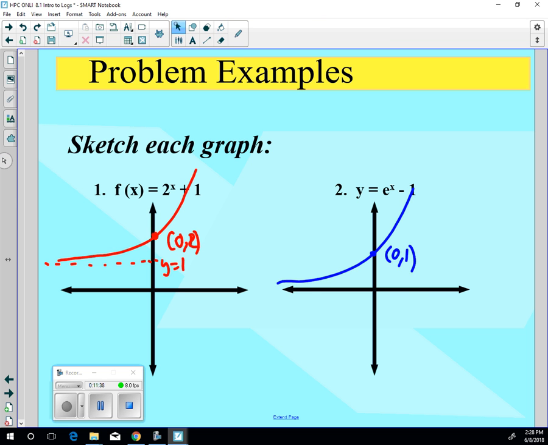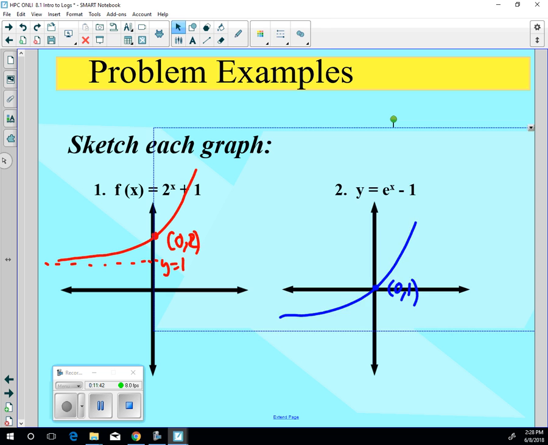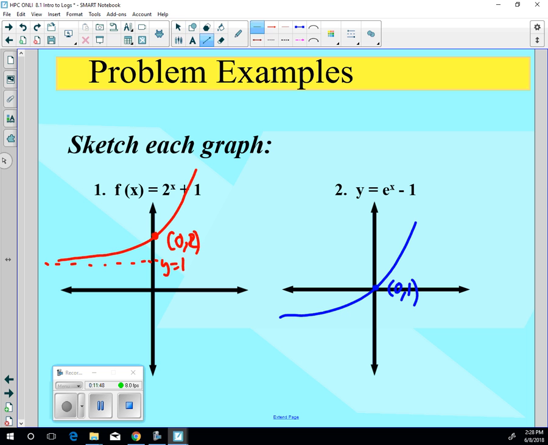If it's minus 1, it just goes down here. And the asymptote is going to be, oh, that's weird, I better draw. The asymptote is going to be at y equals negative 1 instead of y equals 0. And this goes through (0, 0), doesn't it?